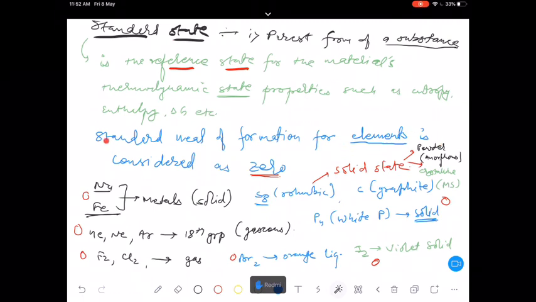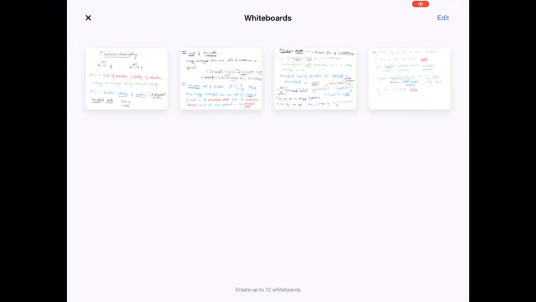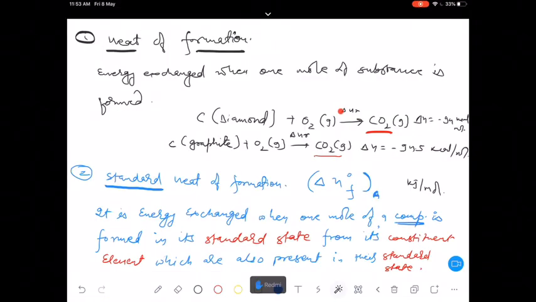Then we have written standard heat of formation for element is considered to be zero. Then we have defined standard heat of formation also. It is energy exchange when 1 mole of compound is formed in its standard state. We have to define the product form also. The product must also be present in its standard state, so standard state of product we also have to define.